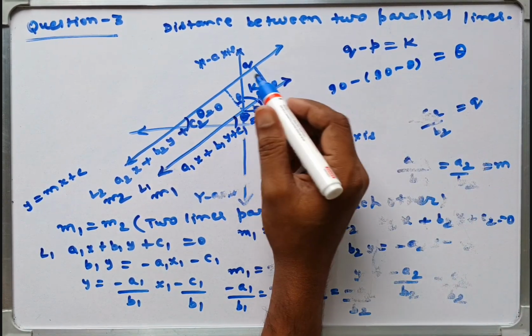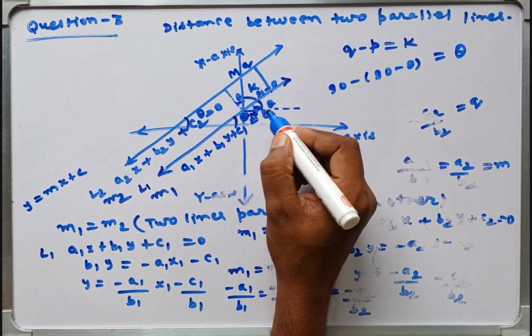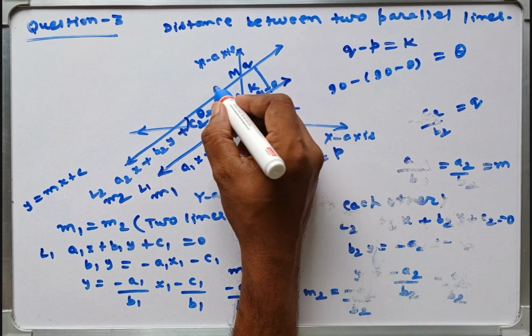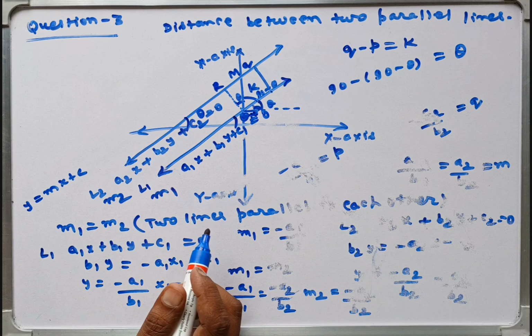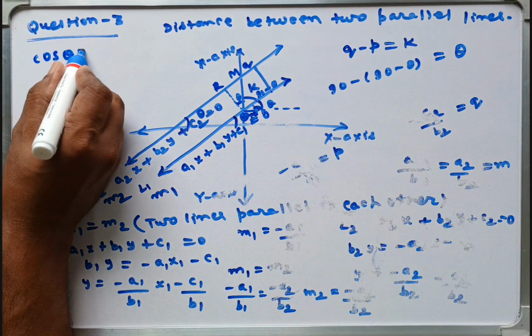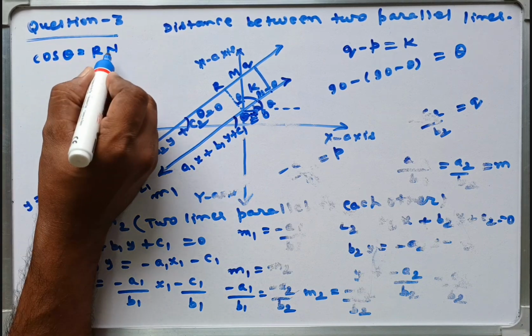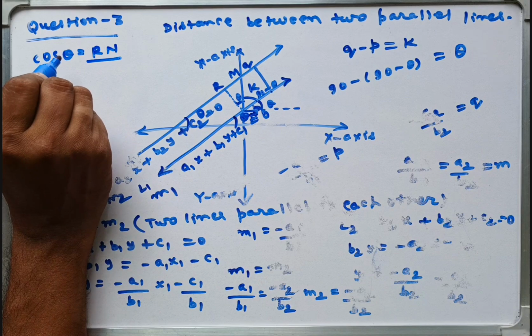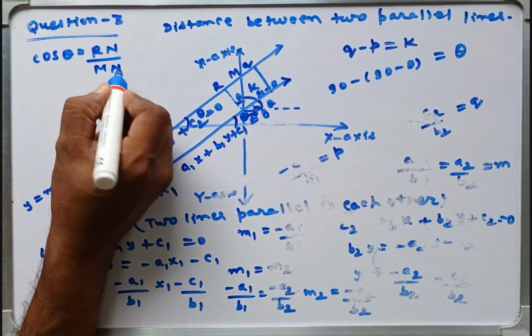So if this point is M, this point is N, and this point is R, then in coordinate geometry cos theta equals RN divided by the hypotenuse, which is MN.